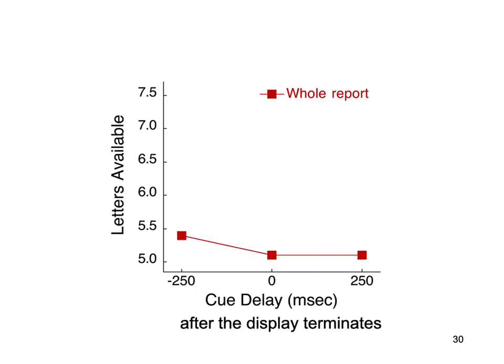This is whole report. And of course, notice you would expect that whole report will not vary depending on the delay because it's just a whole report. I will try and report as much as I see, and I can get 5 items here. A little bit more than 5 if you have an advance warning. That's probably due to me knowing what to do, because remember, you've got 1, 2, or 3 appearing at random.